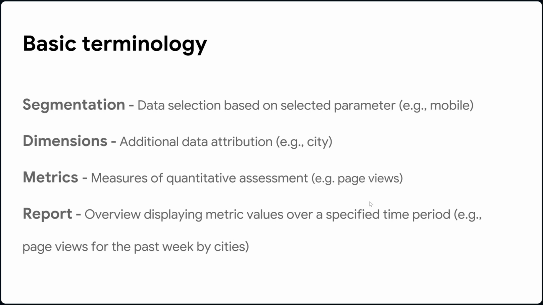You look a little bit further down and you slice the data by something else, right? So these are called dimensions, right? The next one is metric, which I guess is quite self-explanatory. Metrics are the different measures, right? So it could be things like page views or events, right? Or anything like that. Those are metrics.